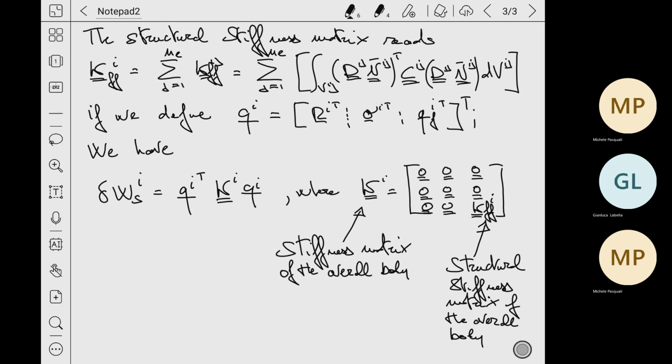They are the same. Okay, basically. All right. So this was just how to assemble the structural stiffness matrix.